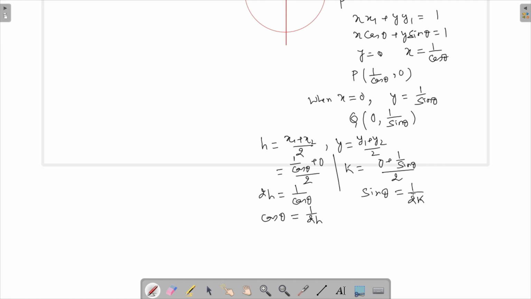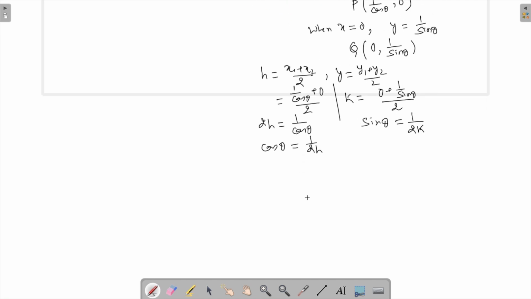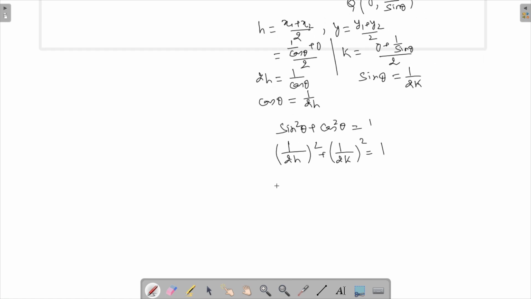Now we also know a trigonometric identity that sin square theta plus cos square theta equals 1. Once we write that, we will get rid of theta. So this will become 1 by 2h whole squared plus 1 by 2k whole squared, and this will be equal to 1. So this becomes 1 by 4h square plus 1 by 4k square.